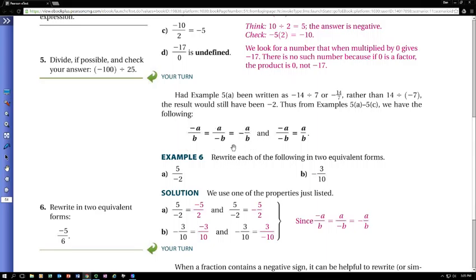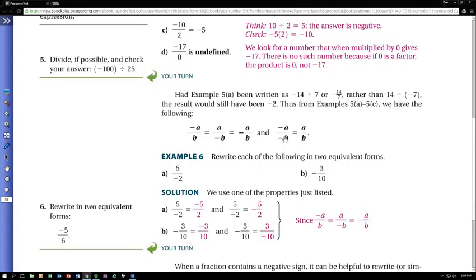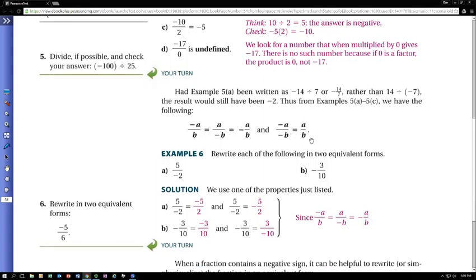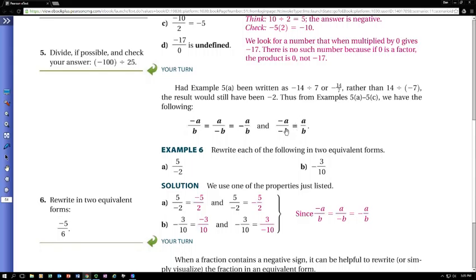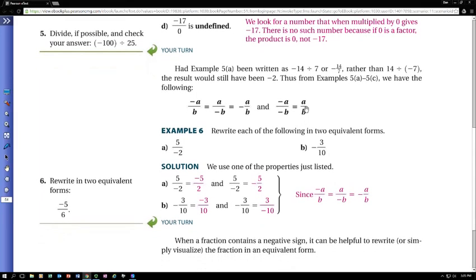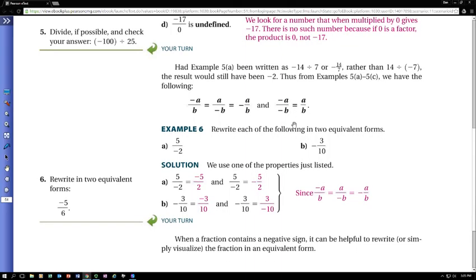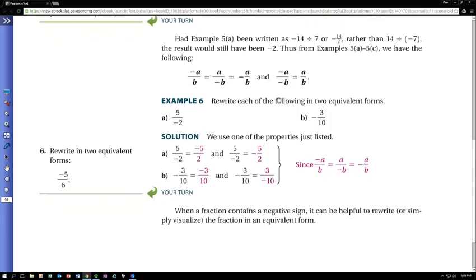They all mean exactly the same thing because of the rules with negatives. And if I have negative a over negative b, that's the same as a over b. In this case, we'd probably say simplify this fraction, and we would want the answer as a positive over a positive, because simplest form means that the only common factor between the numerator and denominator is 1. Here there is a common factor of negative 1, and we're going to talk about using that to our advantage in a lot of different ways too.